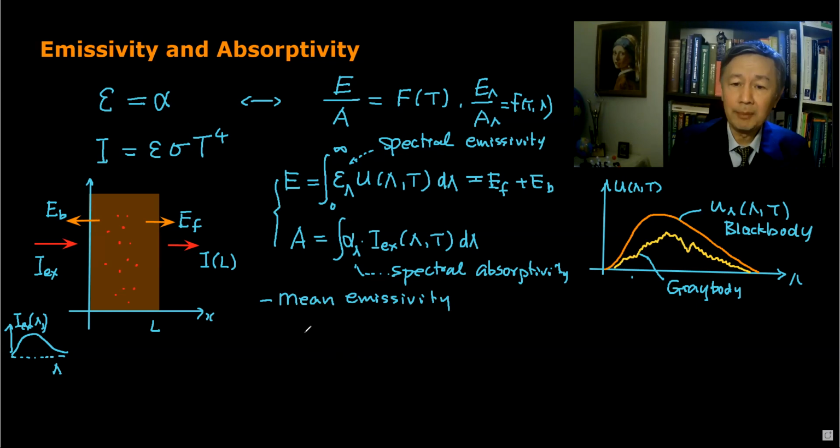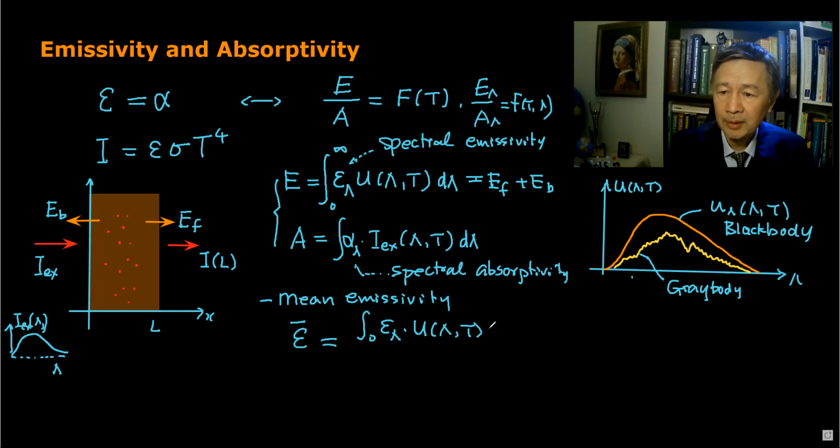By definition, the mean emissivity can be written as an integral: from 0 to infinity, the spectral emissivity multiplied by the Planck function, that is u lambda T d lambda, divided by this integral. You can consider this as a normalization condition.